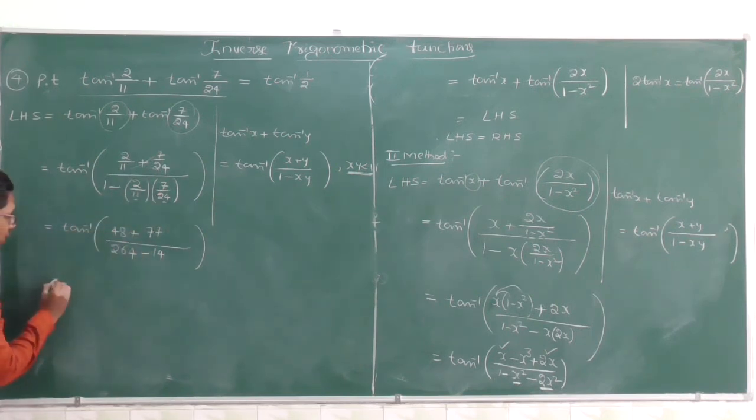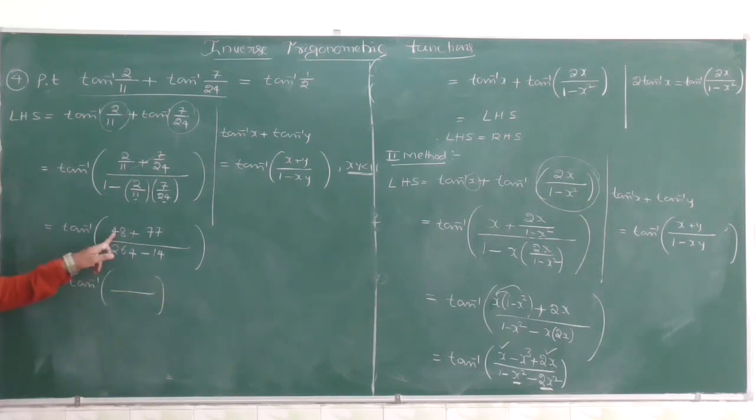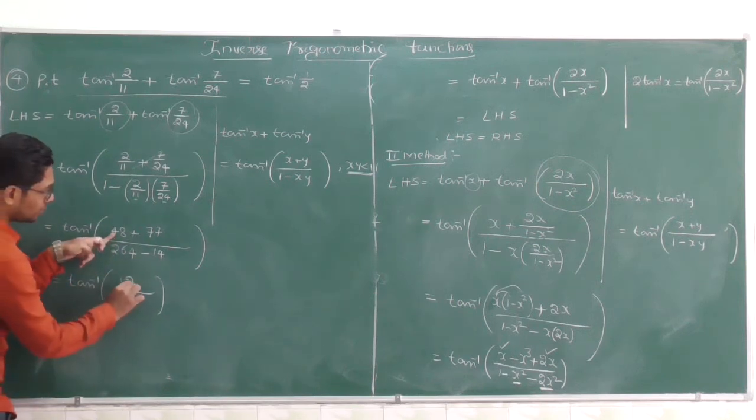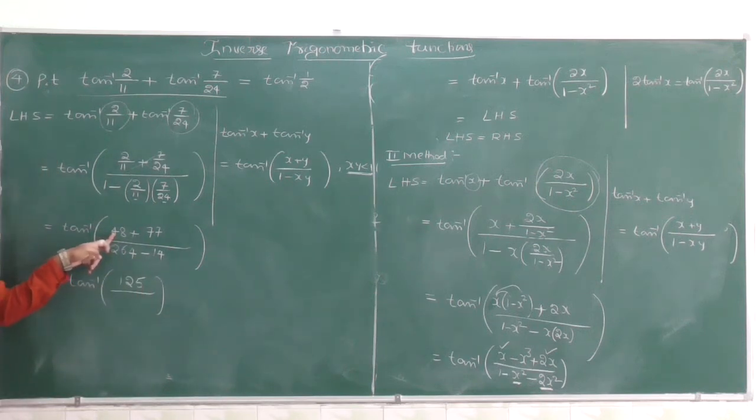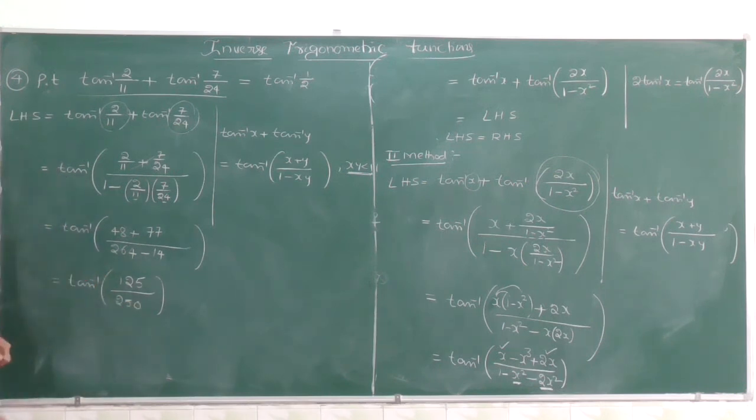Now simplify it. That is equal to tan inverse of 48 plus 77, which is 125, over 264 minus 14, which is 250. 125 ones are 125, twos are 250.